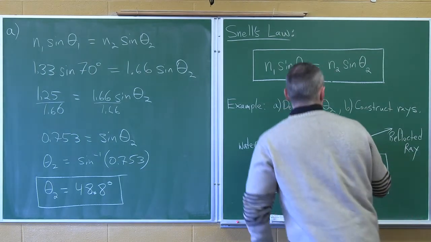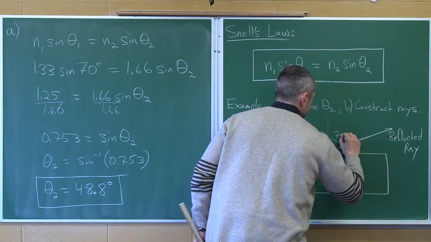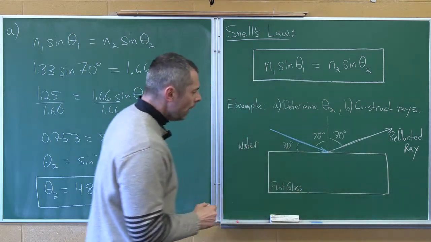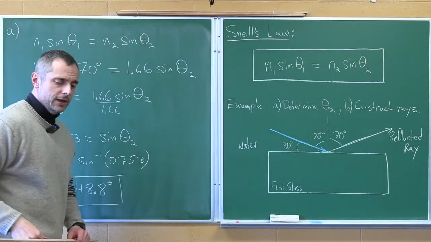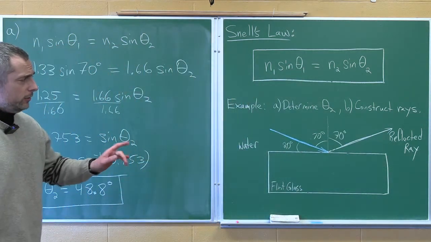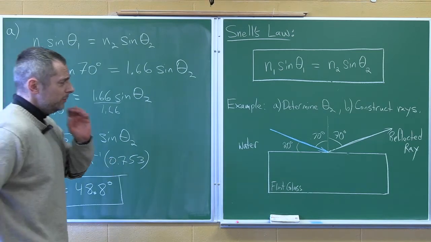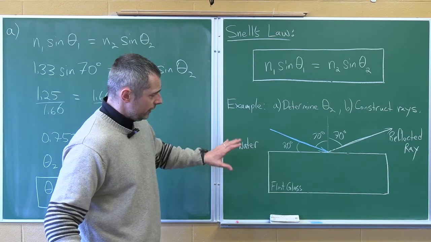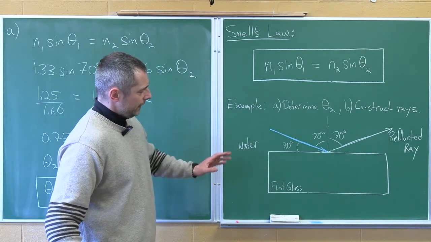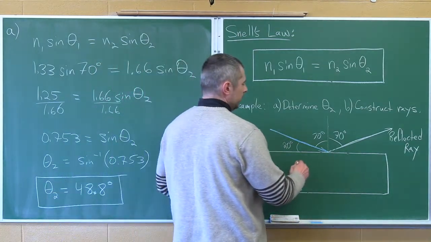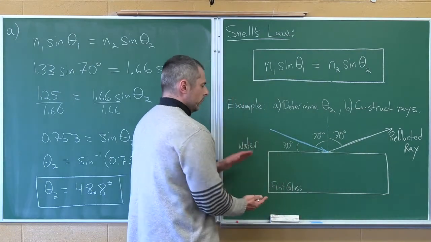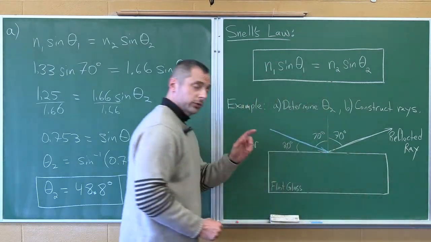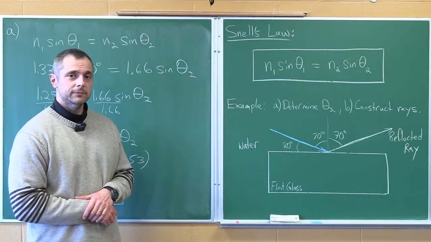Regents likes these things labeled, 70 degrees. All right, so there's the reflected ray. So go ahead and do that now. By the way, I should have mentioned, I hope that when you drew out the example, you drew this very accurately. If not, you're going to have to go back and fix it so that this really is 20 degrees, this is 70, and so on, and this is nice and parallel. All right, so go ahead and copy that diagram now.